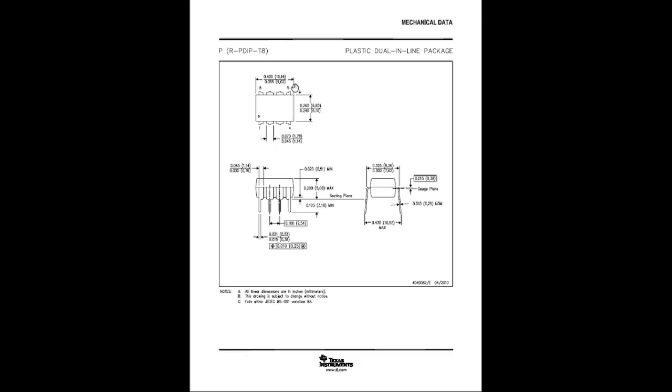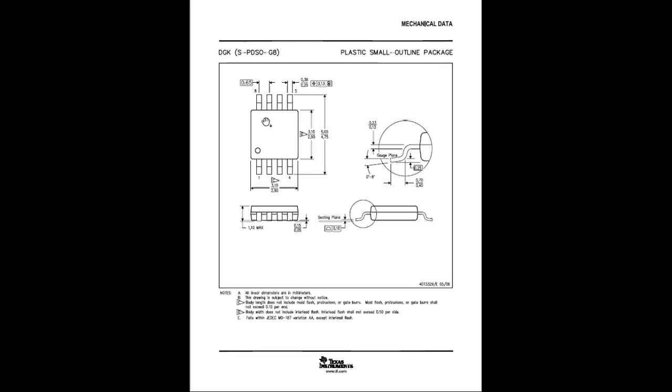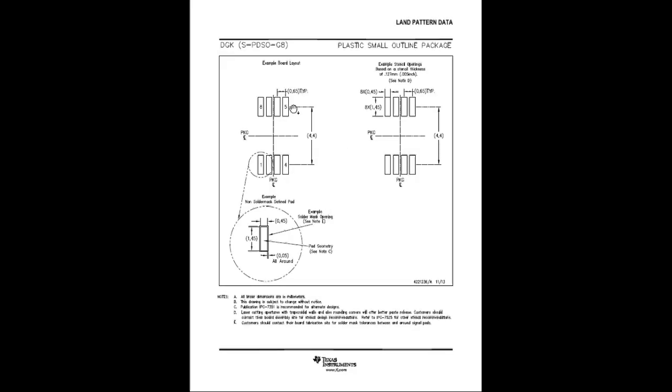This is the other package, a through-hole package, the dual in-line PDIP. And this is the other SMT package. It is a little wider one, and its land pattern.